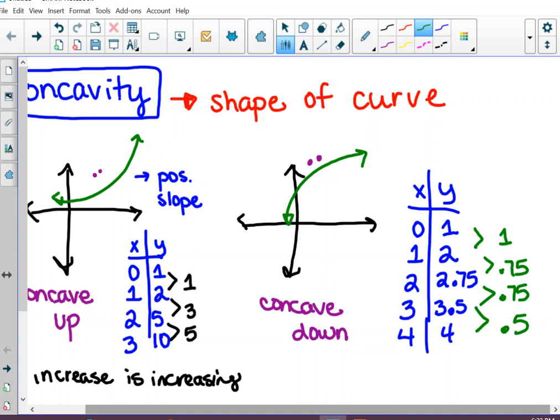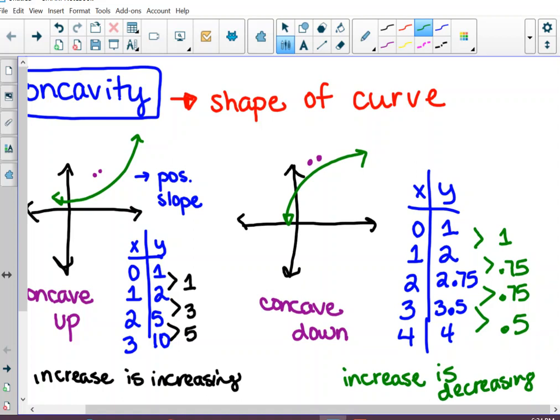So we have a y getting bigger. So we're increasing. But actually, if I try to model how I wrote it over here, I would say my amount of increase is decreasing.